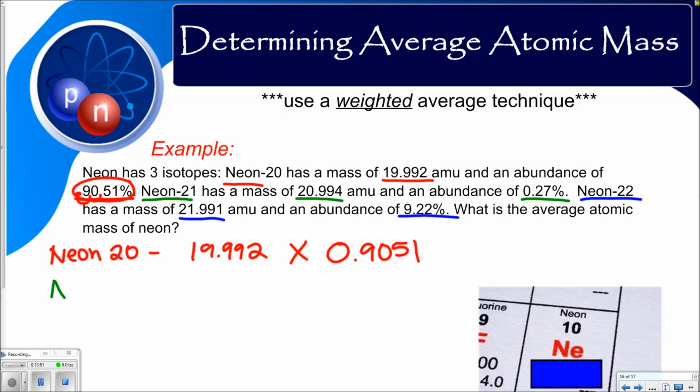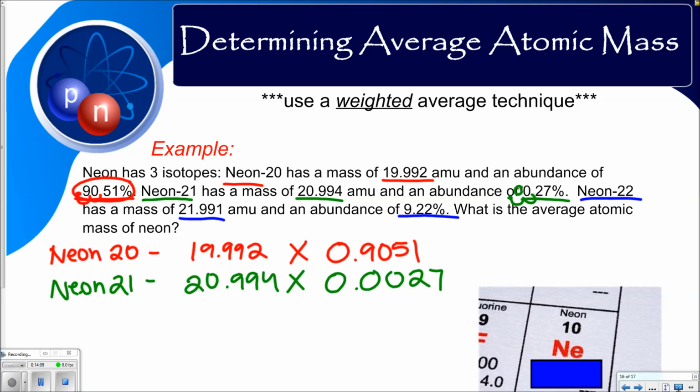Then I'm going to take my next one, which is neon 21. I'm going to do the same exact thing. I am going to take its mass and multiply it by its abundance, again moving the decimal 2 to the left or dividing by 100, so by 0.0027. This is very, very rare. You're not going to find this type of neon very often.